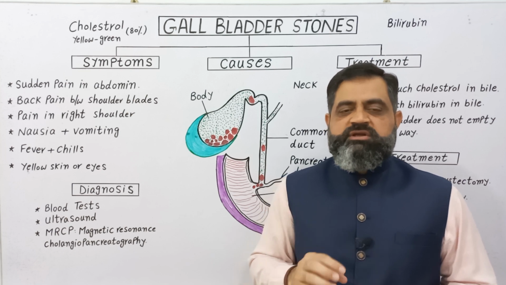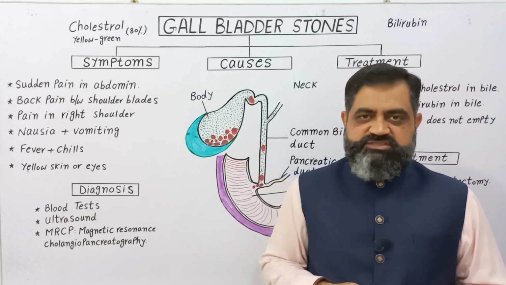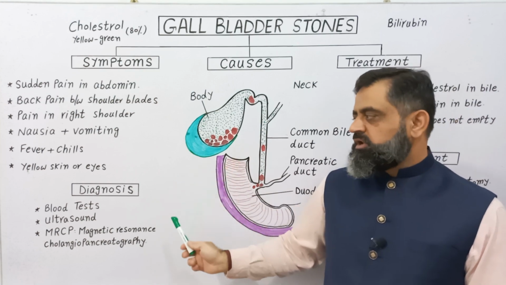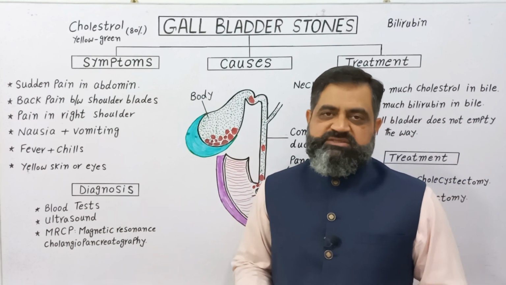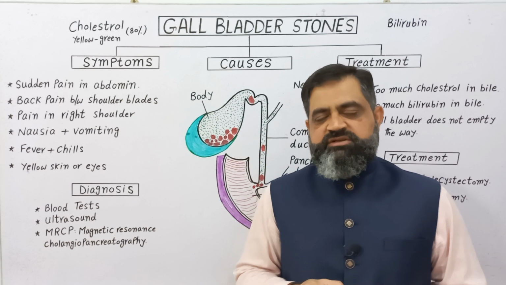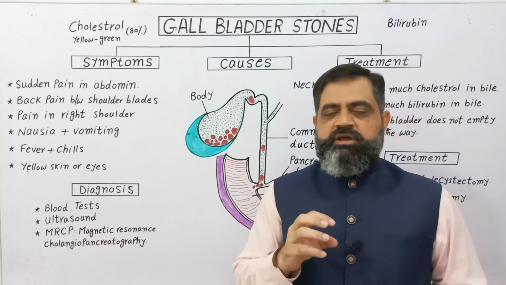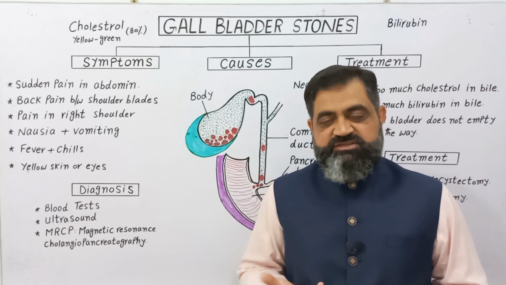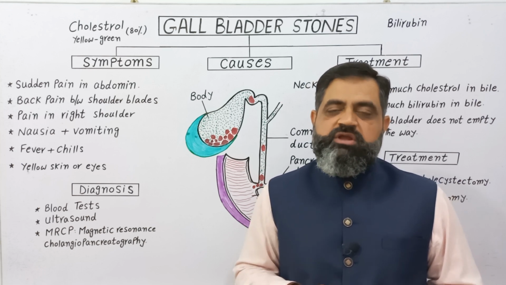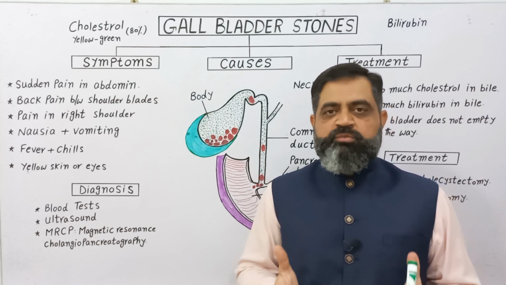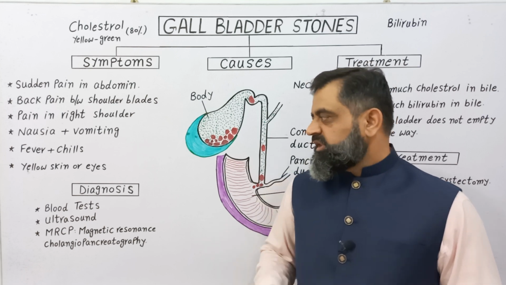For diagnosis of a gallbladder attack or gallstones, doctors usually perform blood tests which include a liver function test and also white blood cell tests to check for inflammation in the body and to check whether the enzymes of the liver are normal or abnormal.